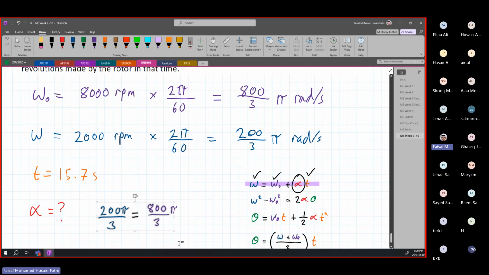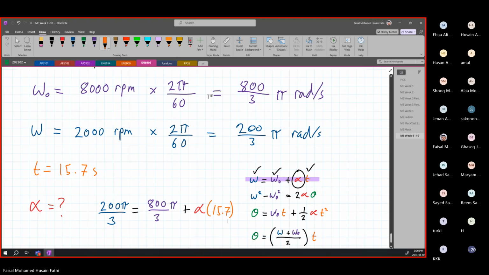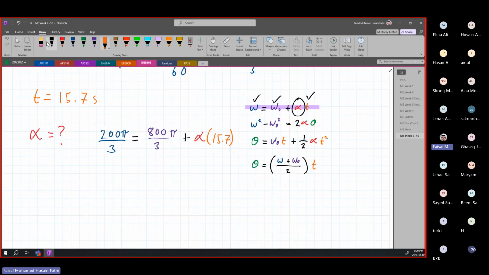Obviously, you guys can put the actual numbers instead of dealing with pi. I just prefer usually keeping it this way to be more accurate. And now we can just solve for alpha here.